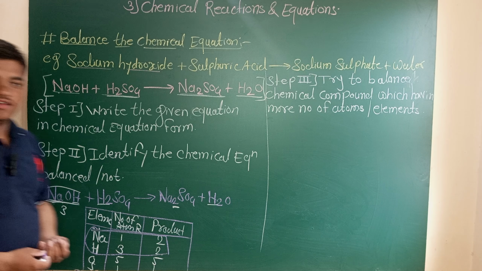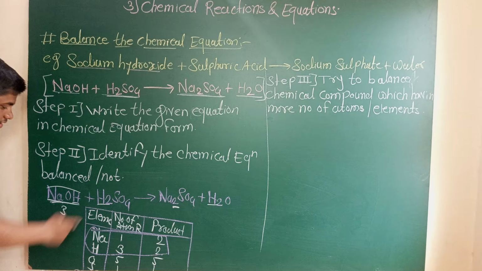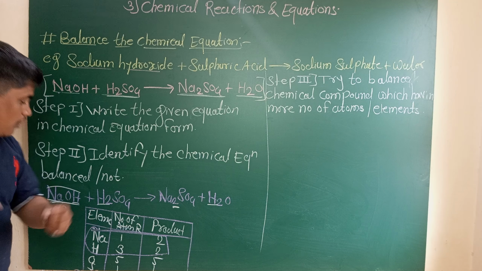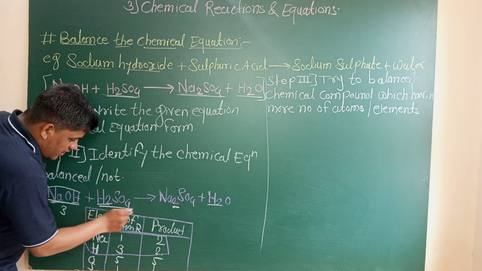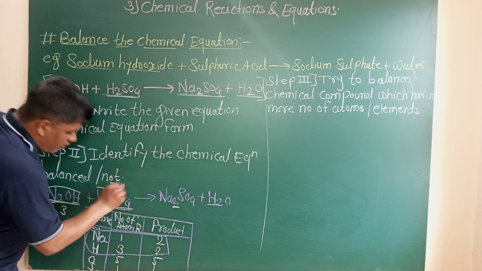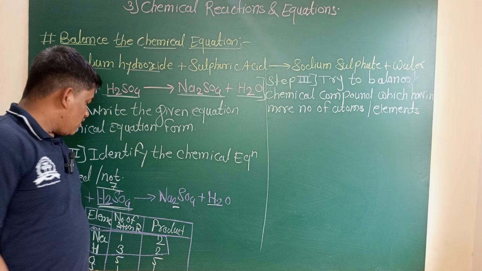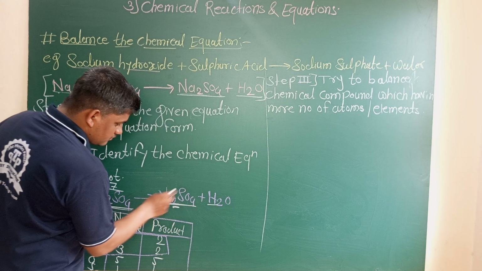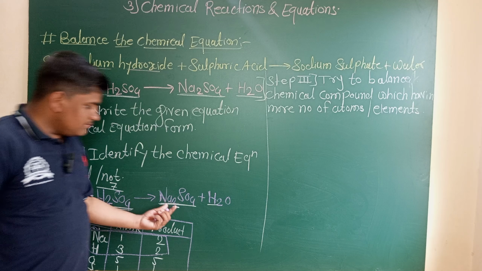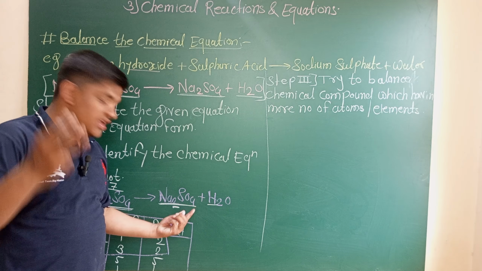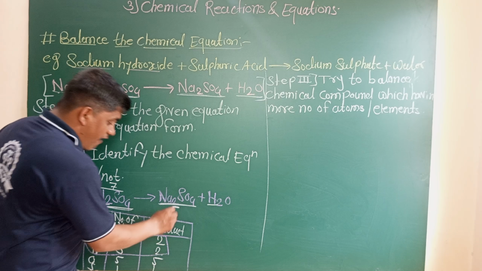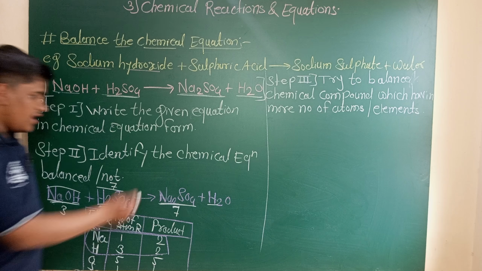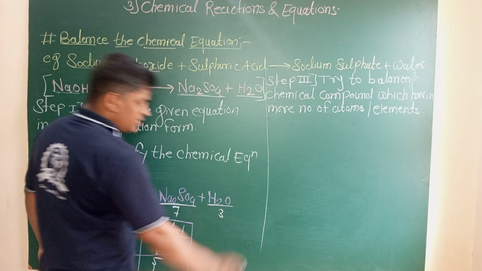The second one has 2 hydrogen atoms, 1 sulfur atom and 4 oxygen atoms, that means 7 atoms. Then the third one has 2 sodium, 1 sulfur, that means 3, and 4 oxygen, again 7 atoms in that compound.